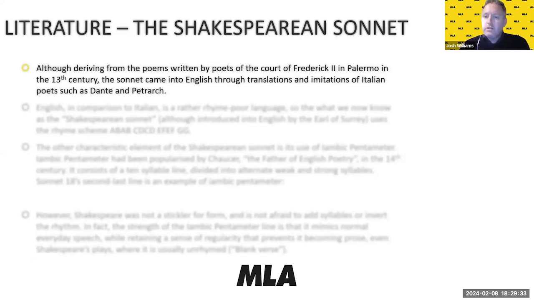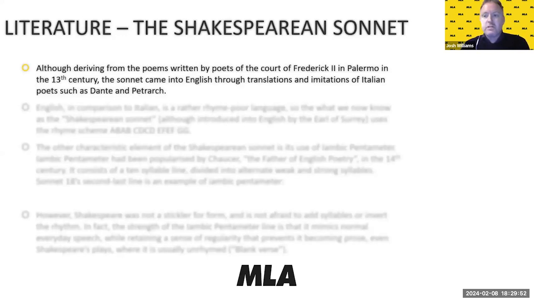Just a little history of the sonnet. Although the sonnet derives from poems written in the courts of Frederick II in Palermo in the 13th century, it generally came into English through translations and imitations of poets such as Dante and Petrarch.